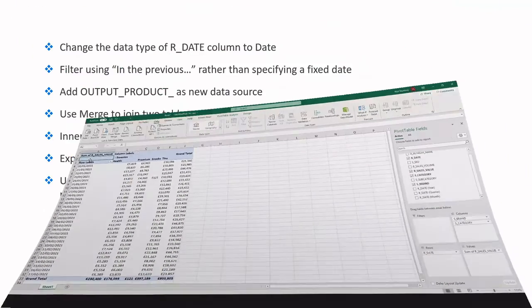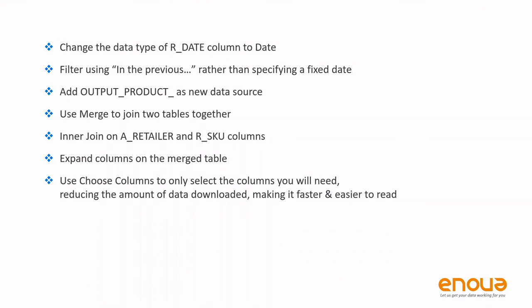Quick recap. Before you can filter on date, you need to change the data type on the date column to date. Use filter in the previous so that you can set a date range rather than a fixed date. Add the product table so that we can join to that. Use the merge function and join on the retailer and SKU columns using an inner join.